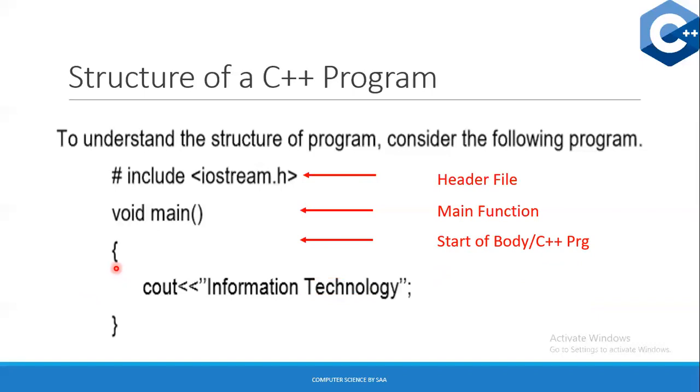This curly bracket is the start of the body of a C++ program. It shows the start of the main function. After this curly bracket, all the statements that are written are known as the body of a C++ program. In this simple example, only one line is written, so our program contains only one line.